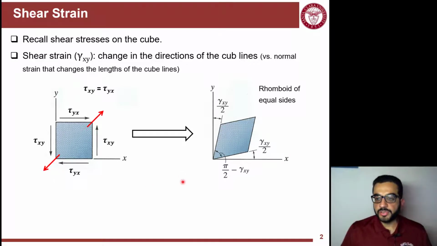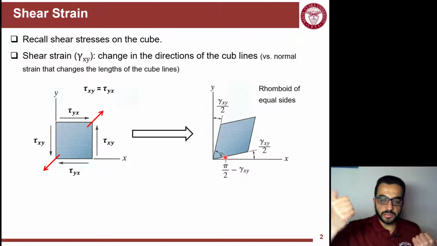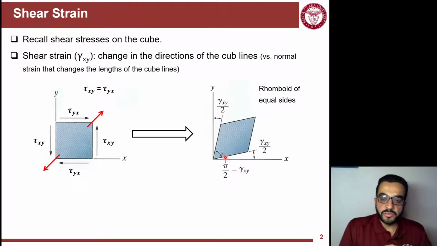We can see here that this side kind of lifted up, and this side tilted to the right, and because of that, you're creating a diagonal elongation of the square. Gamma x is split in half here and here, but gamma xy is really the shear strain.